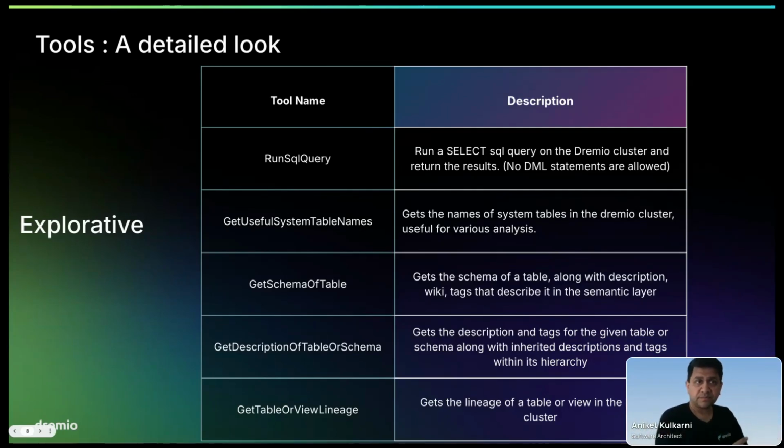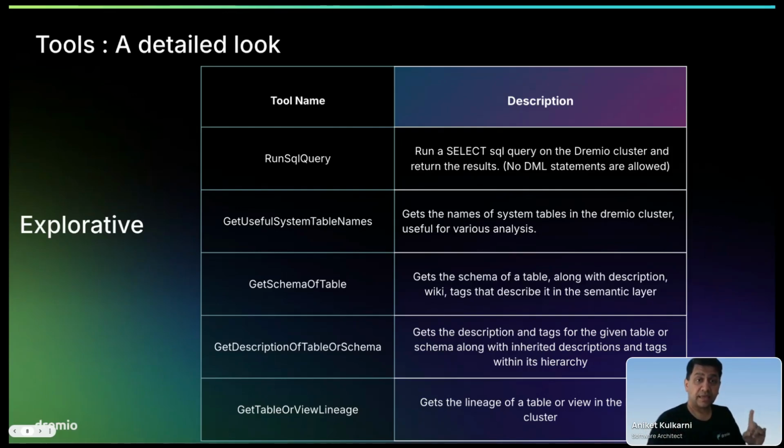Before I get into a bit more detailed demo of what I can do with such an assistant at my fingertips, let's take a look at the tools that I'd mentioned a few slides earlier. I had mentioned a few categories of tools. Explorative tools are the most generic. So running a SQL query, because LLMs are really good at reasoning SQL queries from conversations or from questions and cues that you give it.